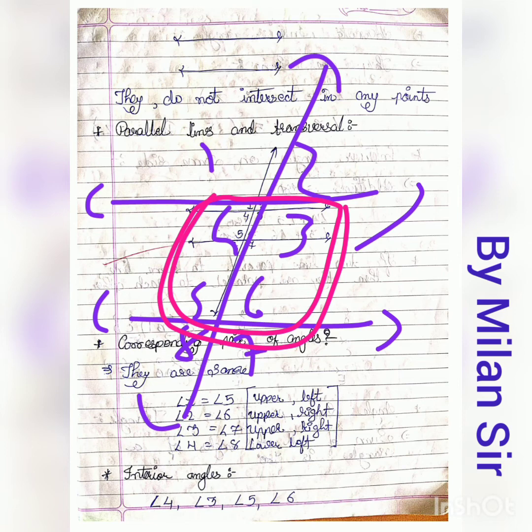And angles 1, 2, 7 and 8 lie in the exterior part, so they are called exterior angles. Here 1, 2, 7, 8 are the exterior angles and 3, 4, 5, 6 are the interior angles.